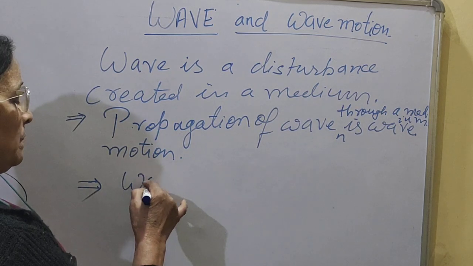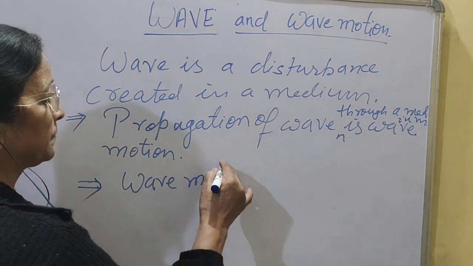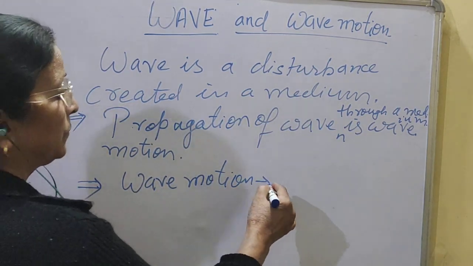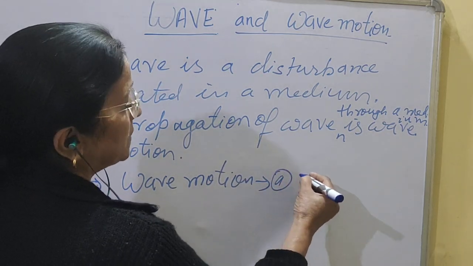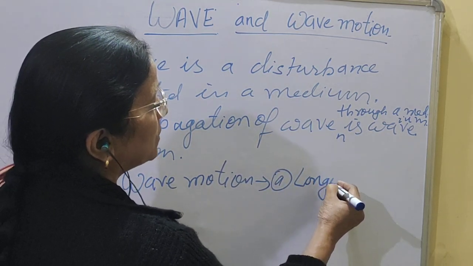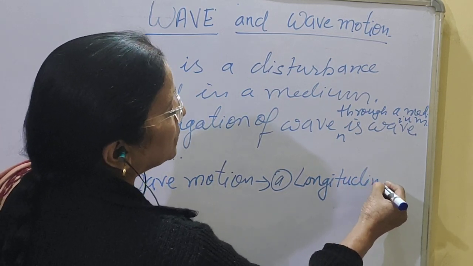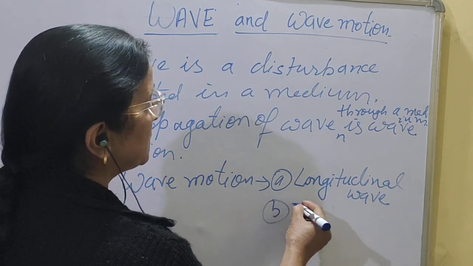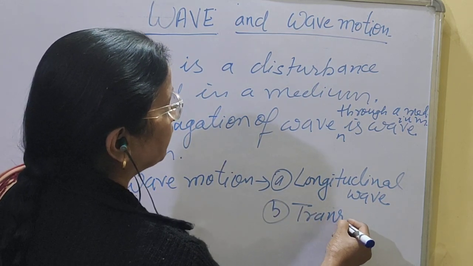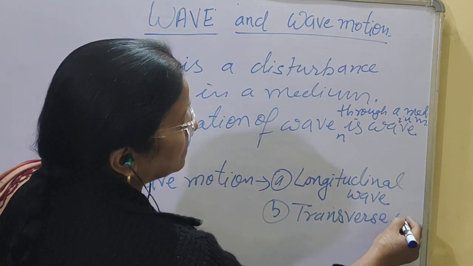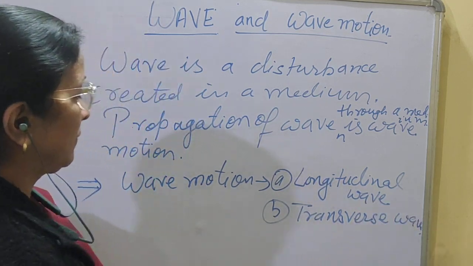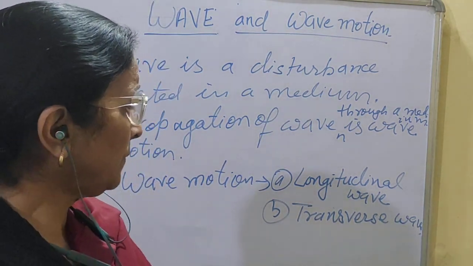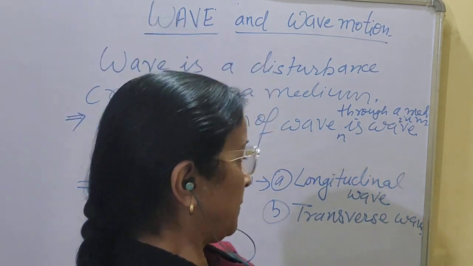Wave motion is of two kinds: one is longitudinal wave, and the next one is transverse wave. Now we will study each one of them one by one.